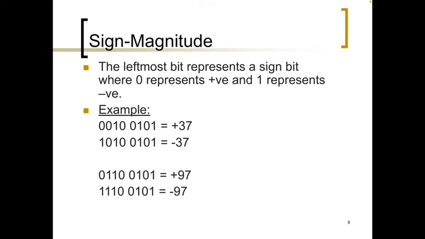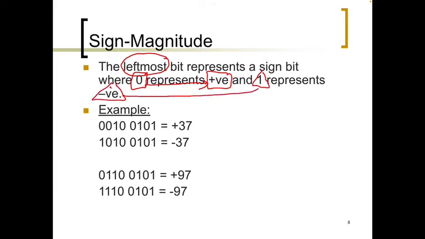Sign magnitude technique uses the leftmost bit. What is leftmost? Paling kiri. The leftmost bit represents a single bit where 0 is for positive and 1 represents negative.